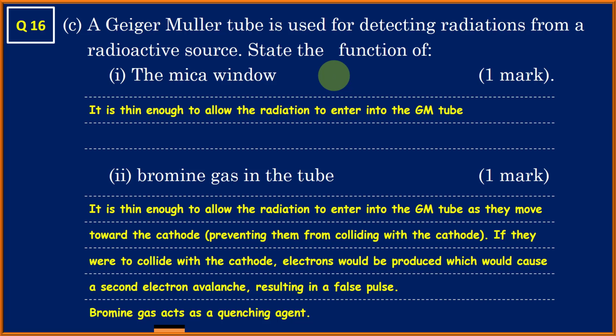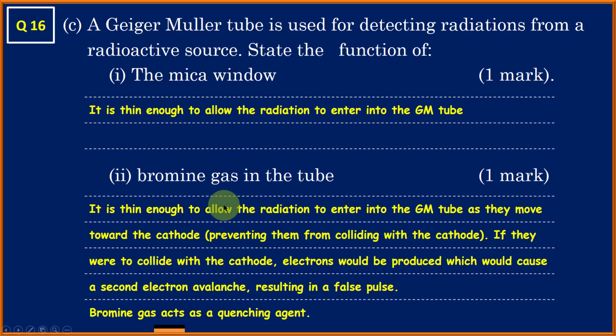So we try to reduce the pressure inside the GM tube to be as low as possible. So we must put a window which is covered by this material. That material is made to be very thin so that even alpha particles can be able to penetrate.